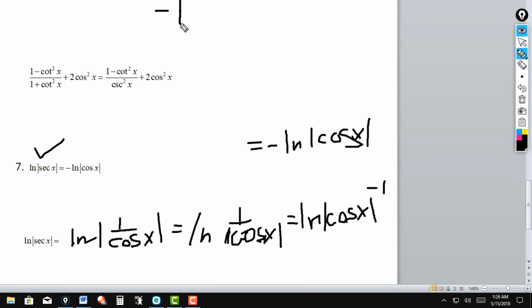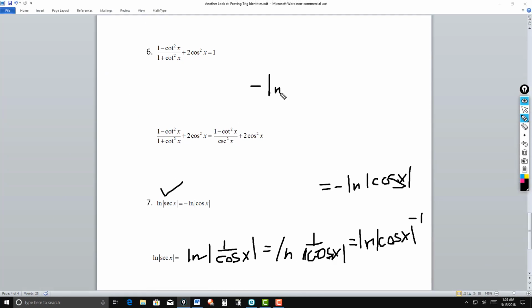If I take the other side, minus the natural log of cosine, then this will be the same thing as natural log of absolute cosine.